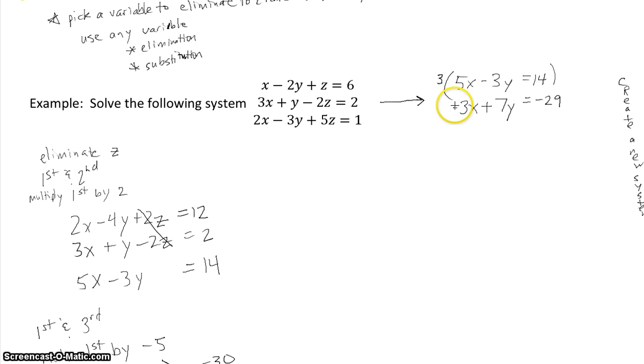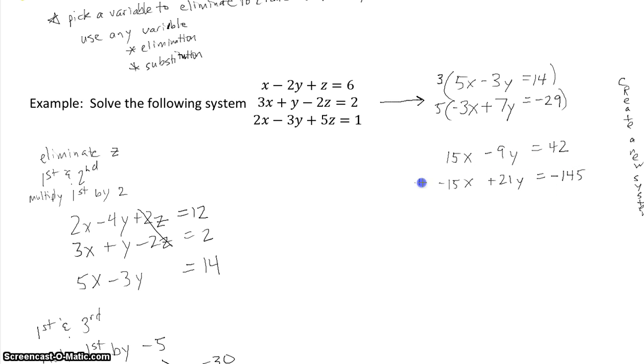I'm going to multiply this by 3 and this by 5, so I get 15x minus 9y equals 42. Negative 15x plus 21y equals a negative 145.